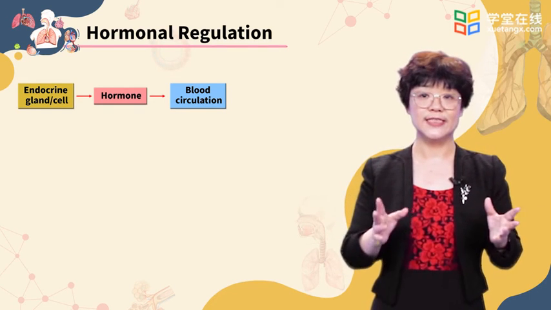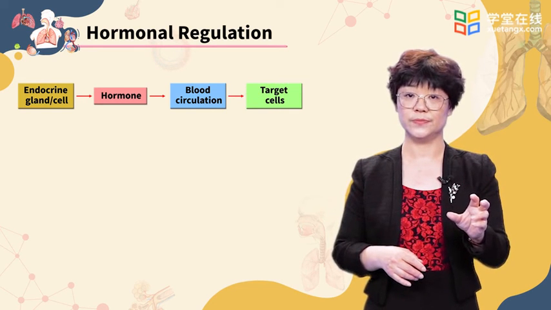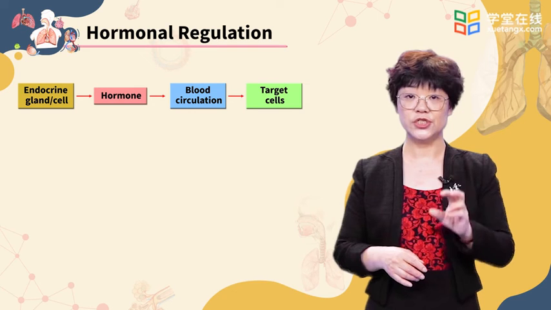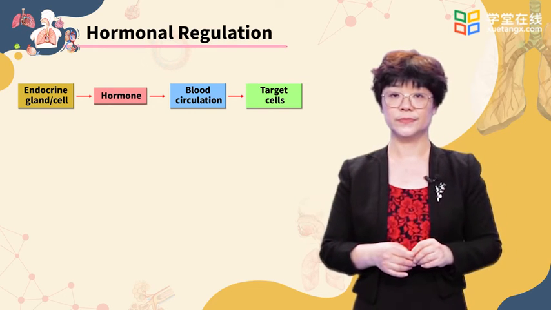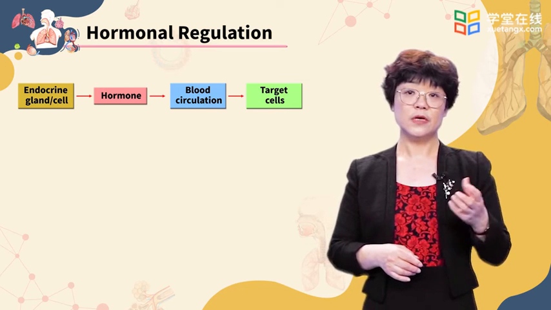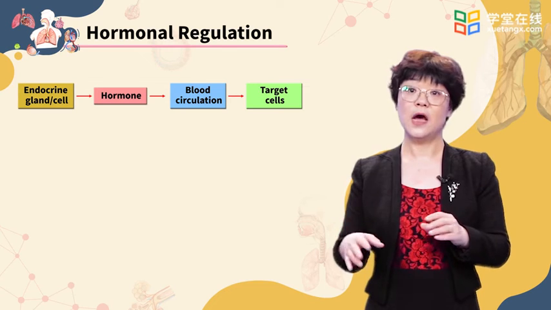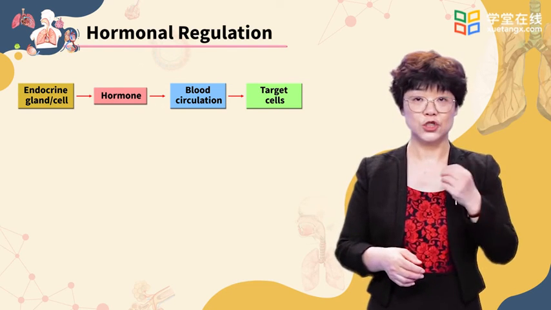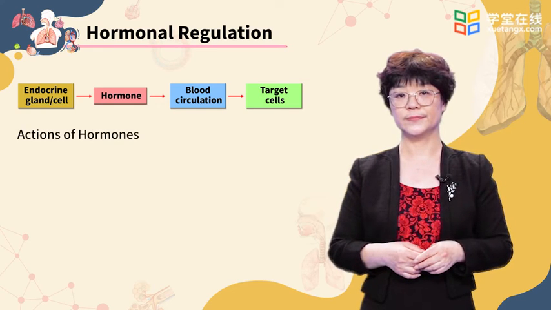Each hormone exerts specific effects on certain organs or tissues, and these organs or tissues are called target organs or target tissues. Some hormones, such as insulin, have many target organs. Other hormones, such as oxytocin, have only one or a few targets.